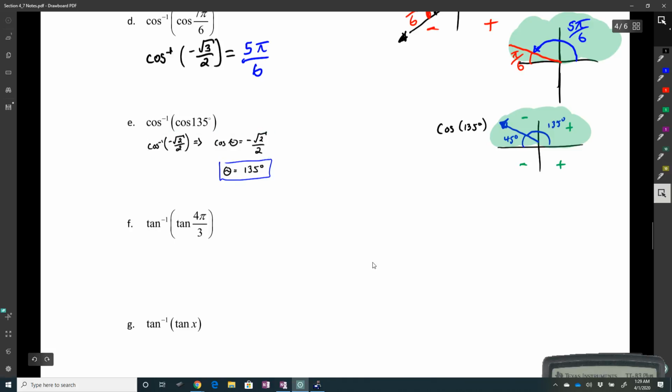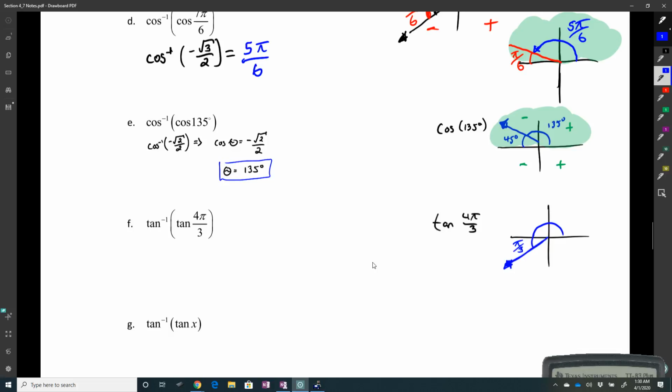All right, so next one is tangent, inverse tangent of 4 pi over 3. So first we start with tangent of 4 pi over 3. Okay, so tangent 4 pi over 3 is a full pi plus an extra third of a pi. So this right here is a third of a pi.